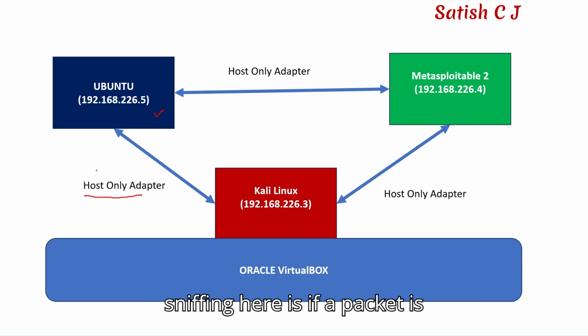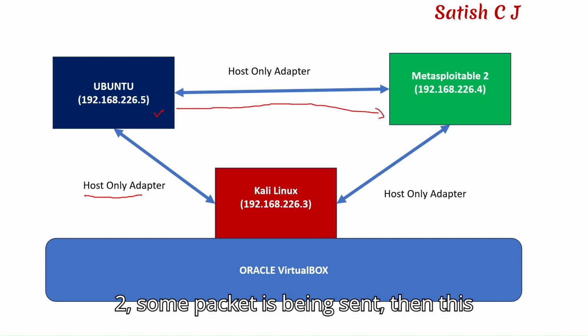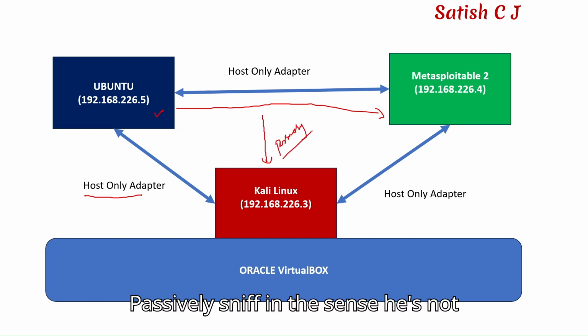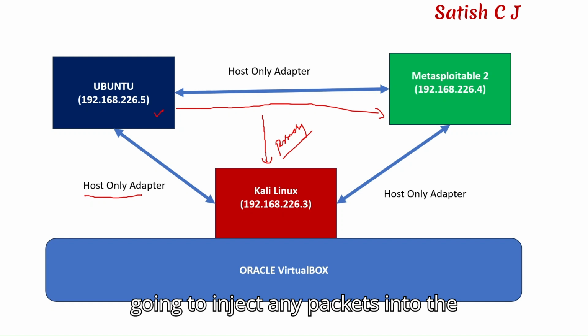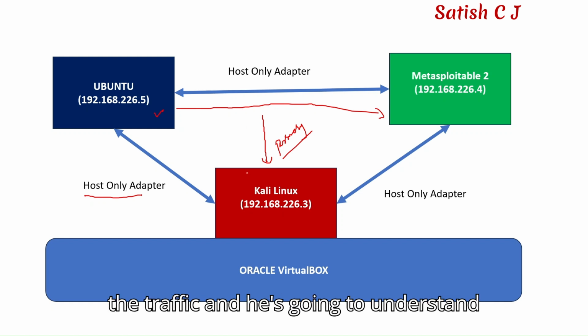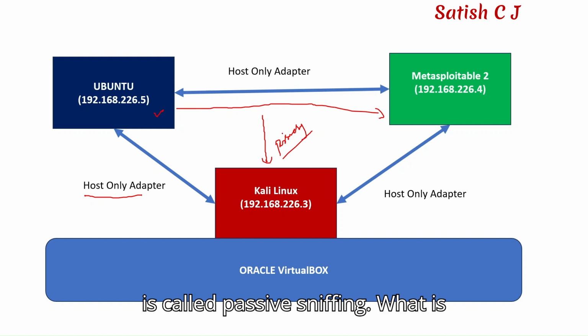What is passive sniffing here is, if a packet is sent from Ubuntu to Metasploitable 2, then this hacker will passively sniff. Passively sniff in the sense he's not going to inject any packets into the network, but he's just going to listen to the traffic, and he's going to understand what kind of data is transferred. So this is called passive sniffing.